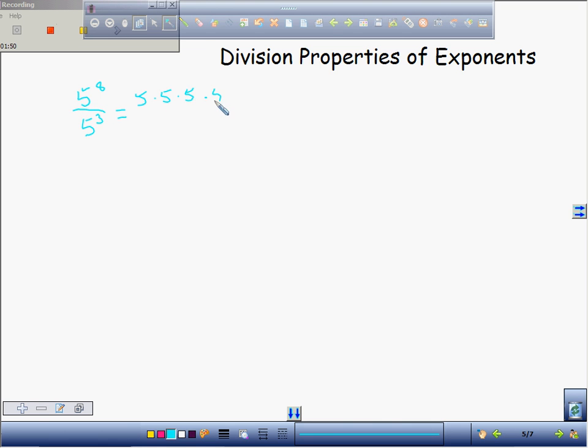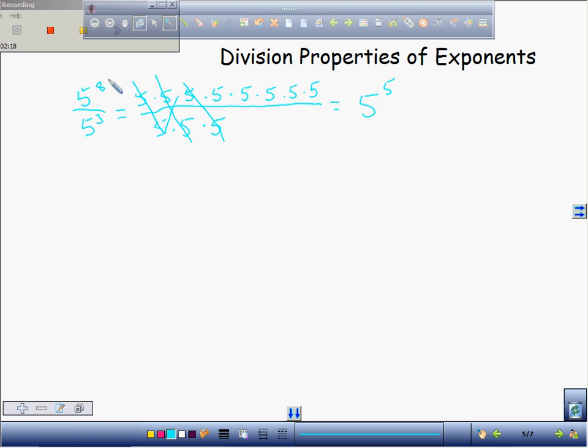How many 5s do I write? 8. This means how many 5s on the bottom? 3. How many of those 5s cancel out? 3. And what I'm left with is five 5s on the top, which I can write as 5 to the 5th.